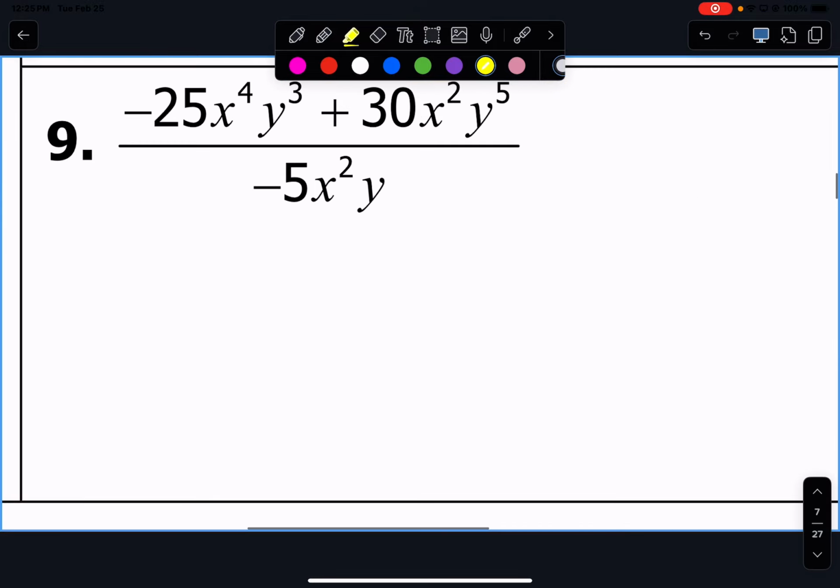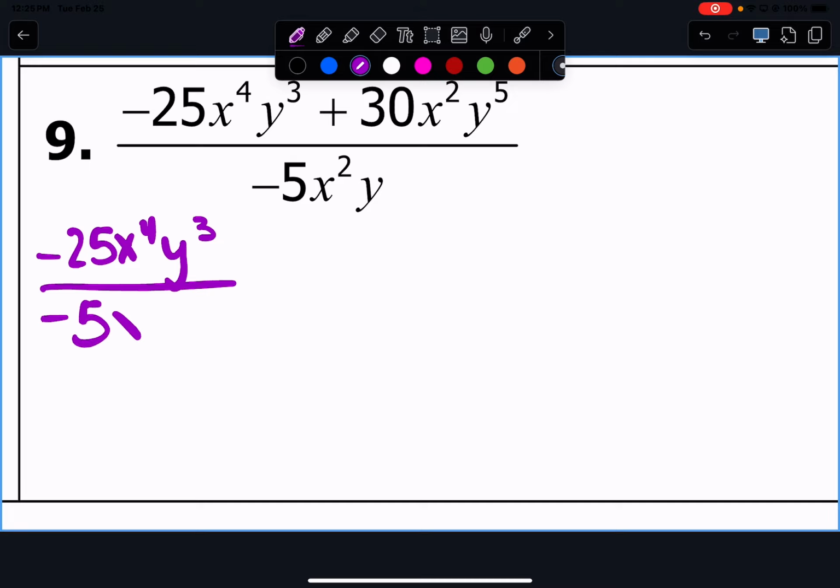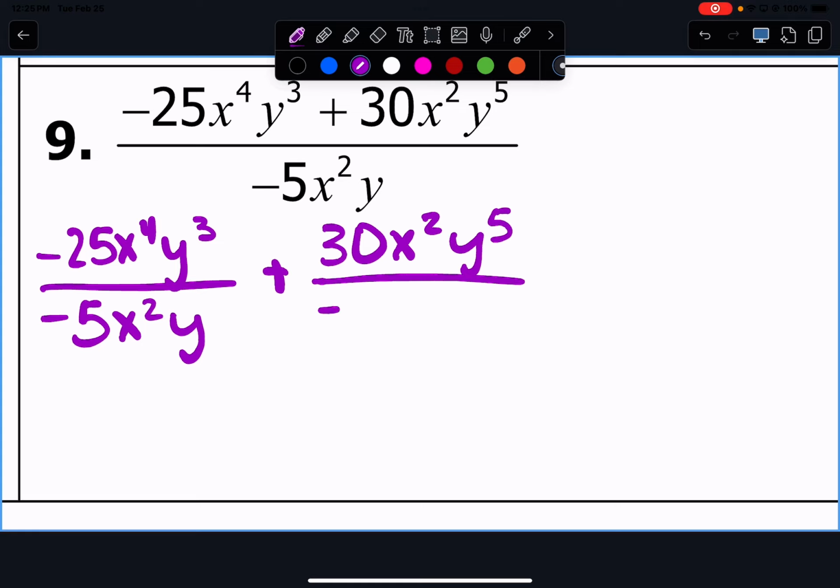Number 9, we have negative 25x to the fourth y to the third divided by negative 5x squared y, plus 30x squared y to the fifth divided by negative 5x squared y. So for this first term, negative 25 divided by negative 5 is what? 5.